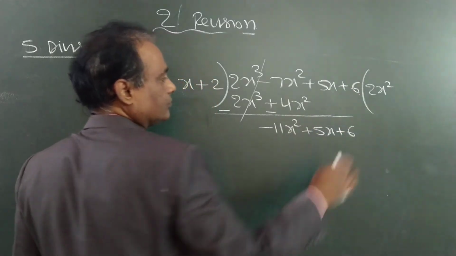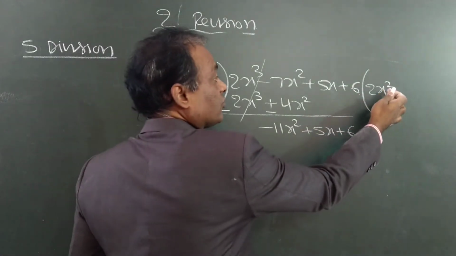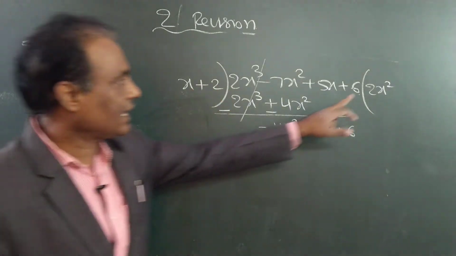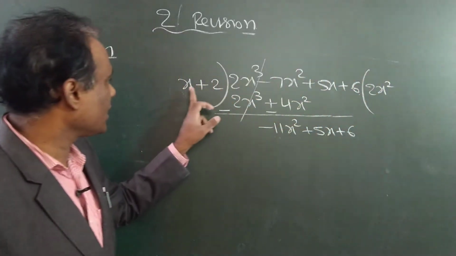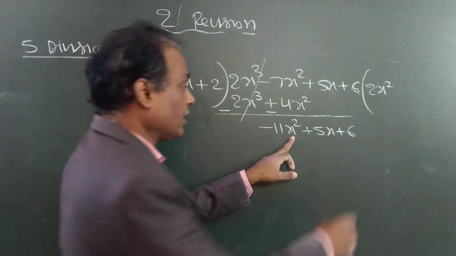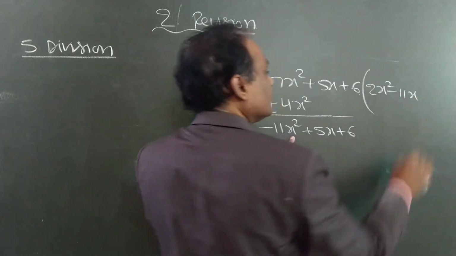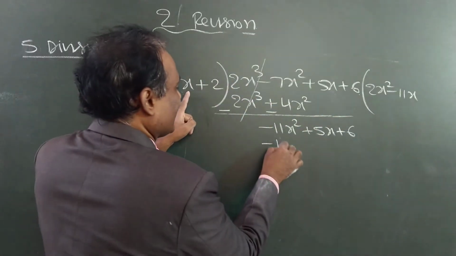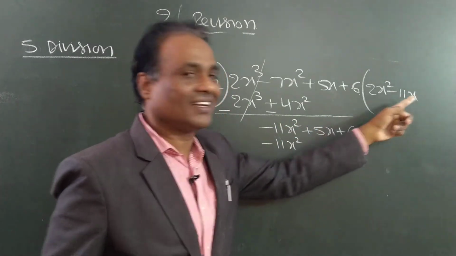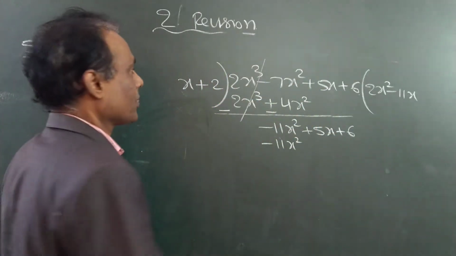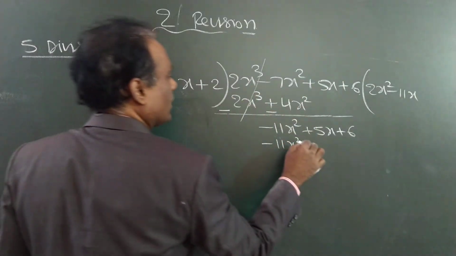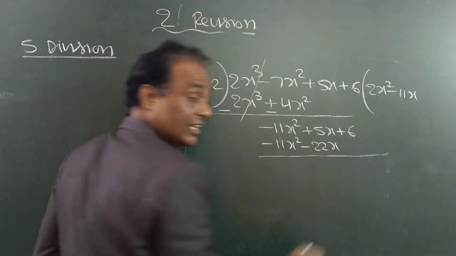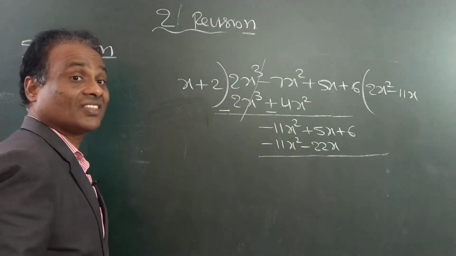I took this. Now tell a term which should be multiplied with x to get minus 11x square. Minus 11x. Minus 11x into x is minus 11x square. Minus 11 into 2 is minus 22x. Again change the sign; subtraction means we have to change the sign.